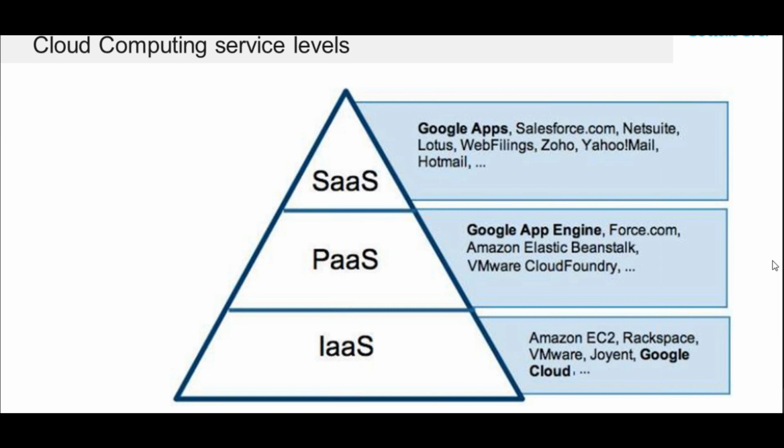If I have to take an example of IaaS with respect to Google Cloud, I would go with Google Compute Engine. That is one of the services within GCP, primarily used for creating servers, or you can call it a virtual machine. Virtualization and virtual machines are something we'll discuss later.